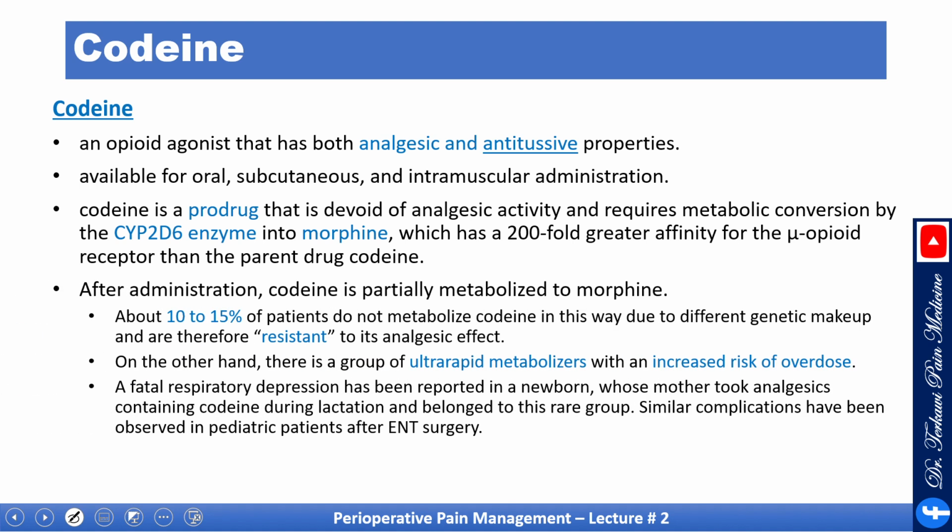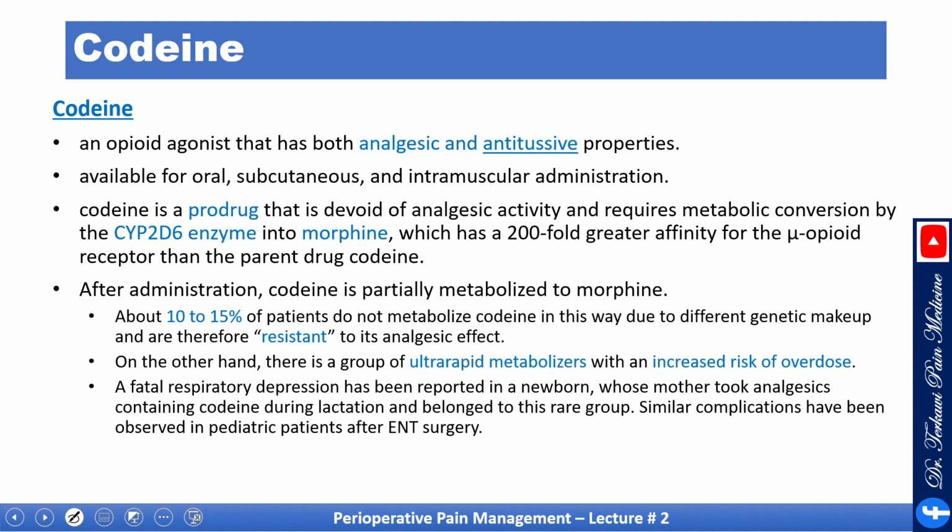After administration, codeine is partially metabolized to morphine. About 10 to 15% of patients do not metabolize codeine in this way due to different genetic makeup and are therefore resistant to its analgesic effect. On the other hand, there is a group of ultra-rapid metabolizers with an increased risk of overdose.